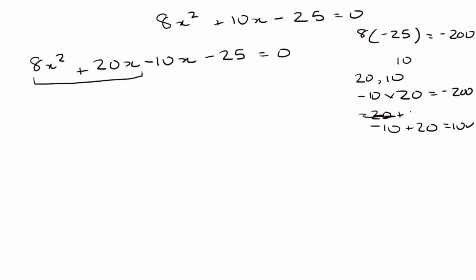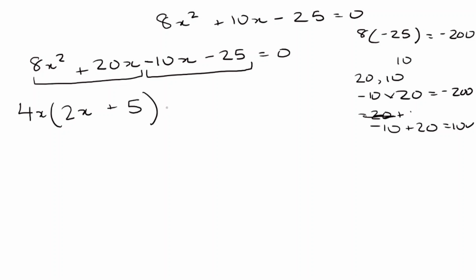So we can factor this and factor this. We know that 4x will be the common factor in the first group, so 4x goes into it to give us 2x plus 5.